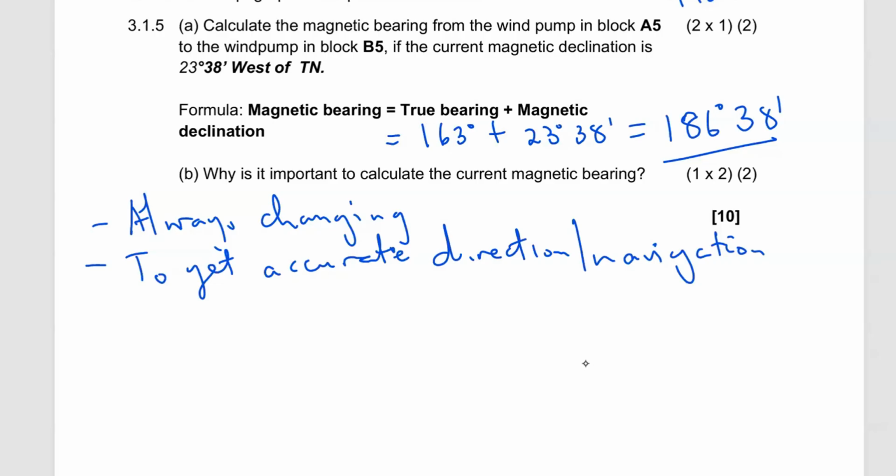Therefore, if we don't calculate the current one, we might fail to navigate effectively. If we use the old one, it is going to give us the wrong direction. Since it's changing, we cannot use it for a particular year. We have to use it for our current year so that we get the correct direction of where we want to navigate to.